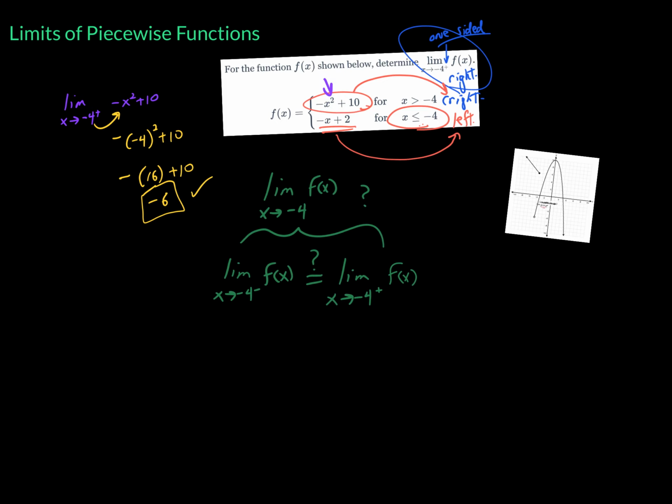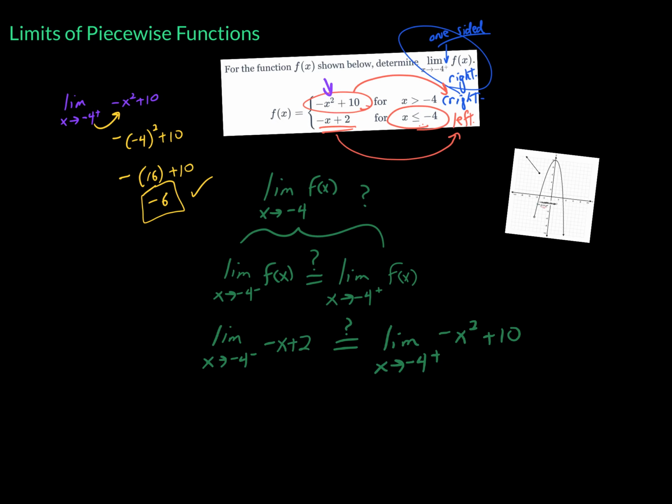Which f of x do we use on the left of negative 4? Well, we have it written up there. As x is approaching negative 4 from the left, we use negative x plus 2. And what f of x do we use as we're approaching negative 4 from the right side? We use negative x squared plus 10.